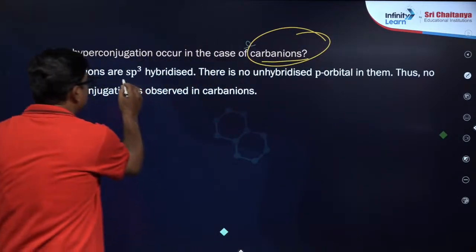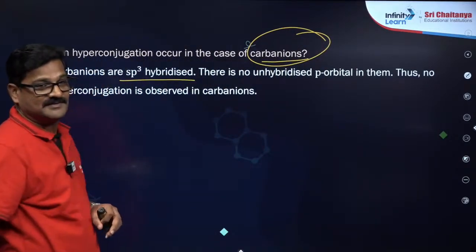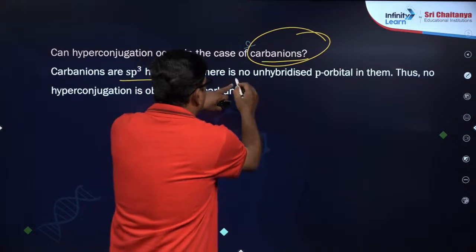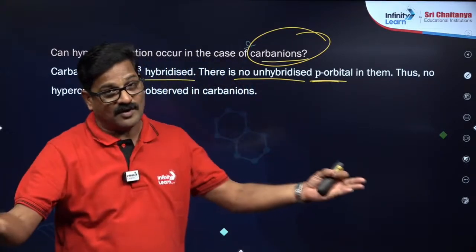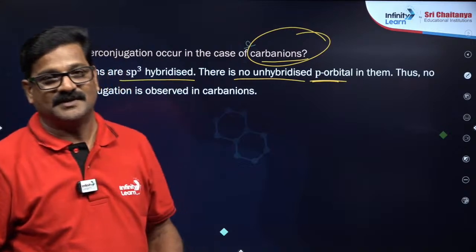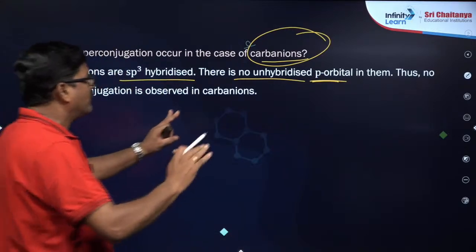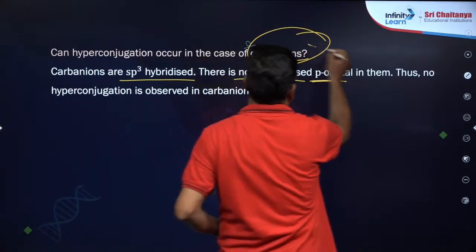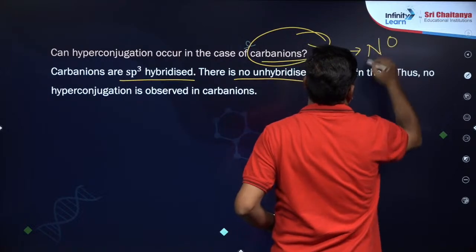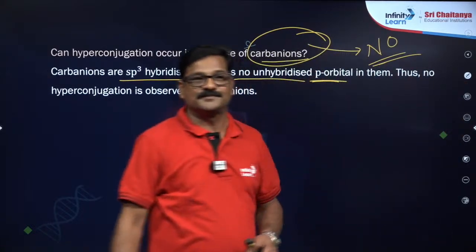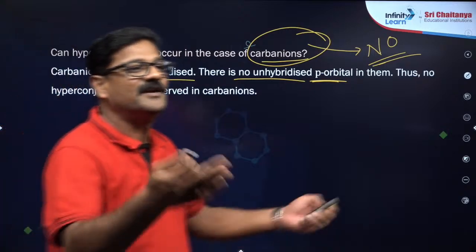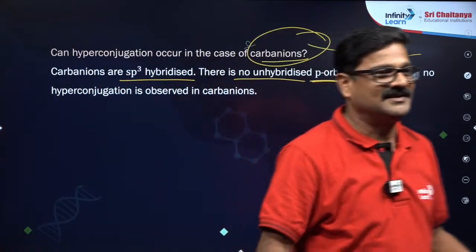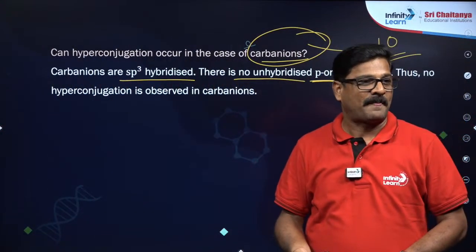Carbanions are sp3 hybridized, therefore there is no unhybridized p orbital, therefore no hyperconjugation. You simply say big no for hyperconjugation for carbanions. That's very, very important. Clear? Any doubts? Please feel free to ask in the class, children. Ishita?